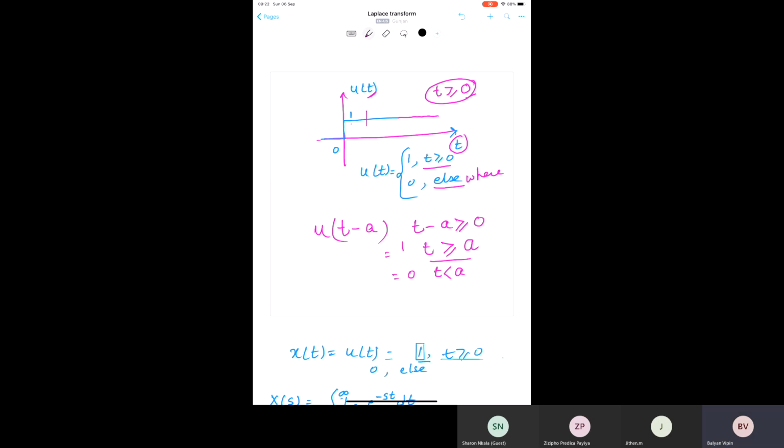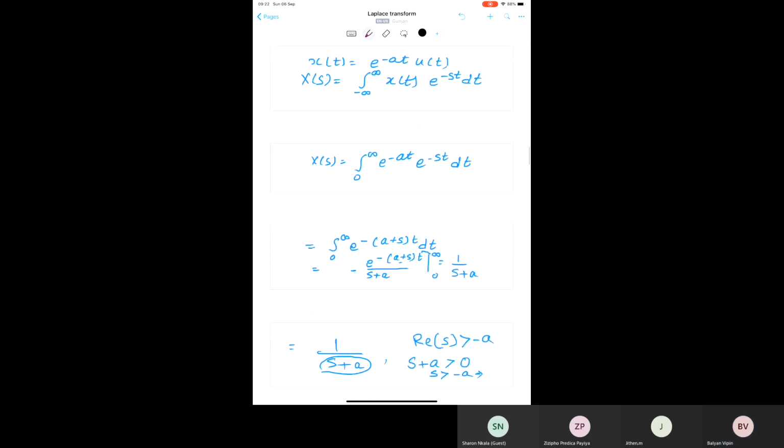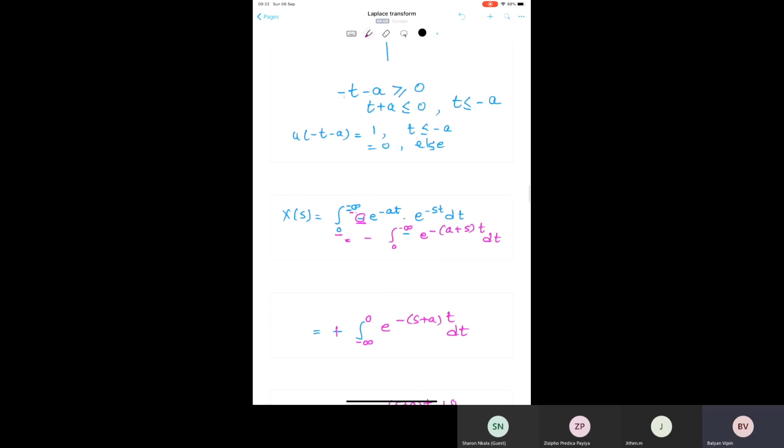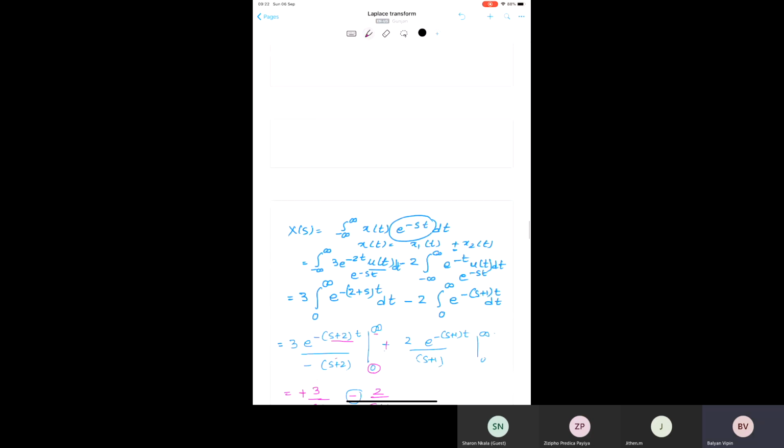This is the definition. In a similar way, if it is u(t plus a), then it will be t greater than or equal to minus a, and for all the remaining points, the signal will have amplitude equal to 0. In this way, you can define as many unit step functions as you want.